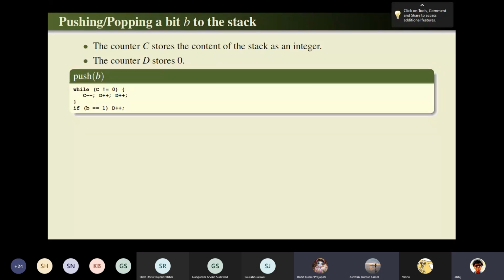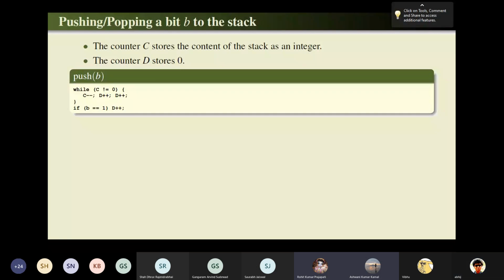So this is how push can be simulated using 2 counters. One counter stores the original value, the other counter is always 0, and then using this loop, I eventually prepare D to the new value of the stack or the counter, and in the process C has become 0.